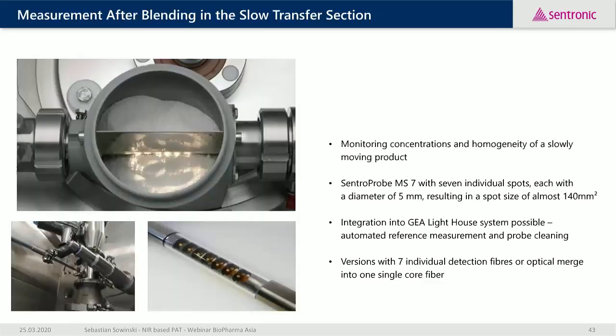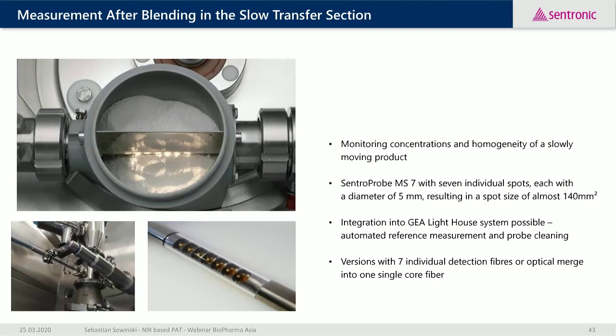While this is a fast-moving product, there are also lines with a relatively slow throughput, and then the 5 millimeter diameter of the central probe DRLS may not be sufficient to have a fast sample, or to have the time to measure a unit dose equivalent in a relatively short time.